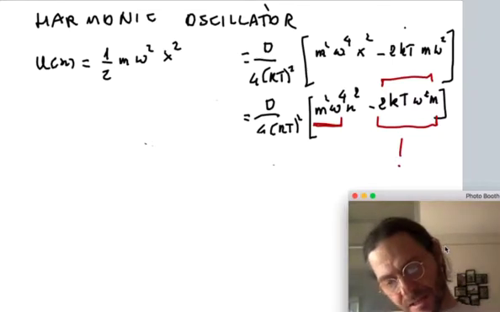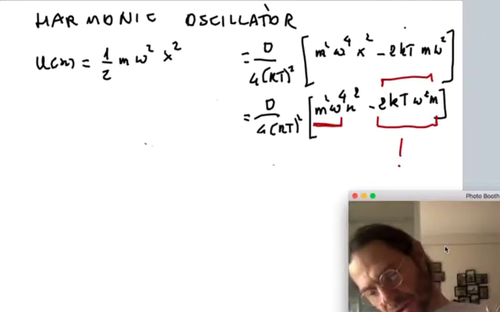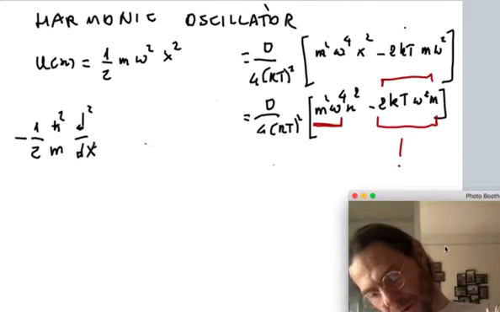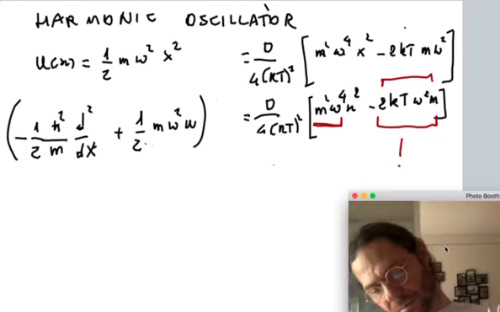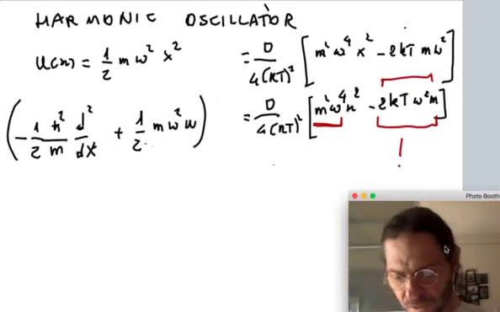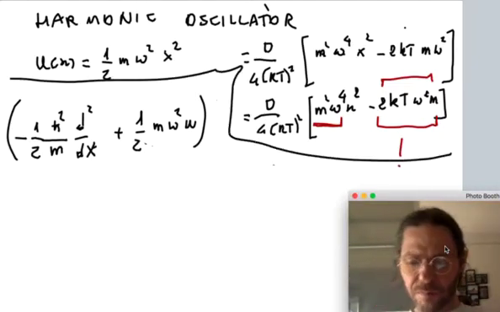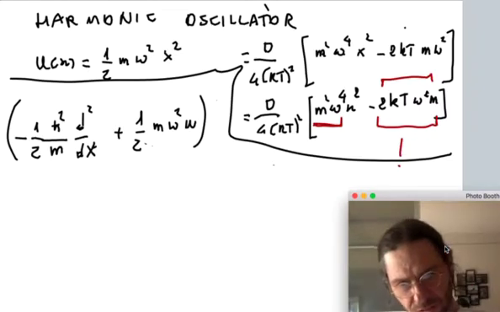I want to write the standard Schrödinger equation upstairs for a harmonic oscillator. Well, that's only the Hamiltonian operator. That's good enough, that's all we need.